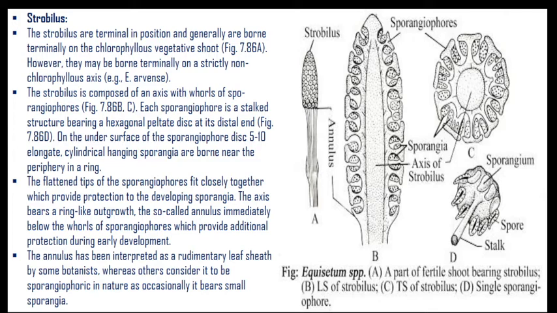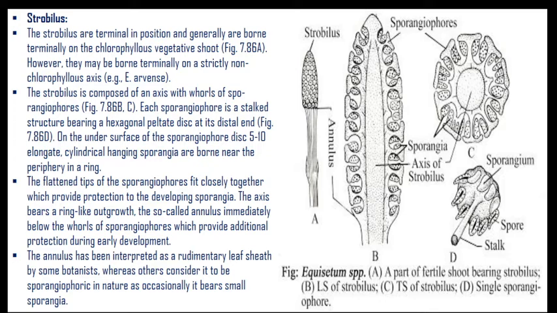So the strobilus is a compact axis which shows whorled arrangement of sporangiophores. Each sporangiophore is a stalked structure bearing a hexagonal peltate disc at its distal end. On the outer surface of a sporangiophore, 5 to 10 elongate, cylindrical, hanging sporangia are borne near the periphery in a ring manner.